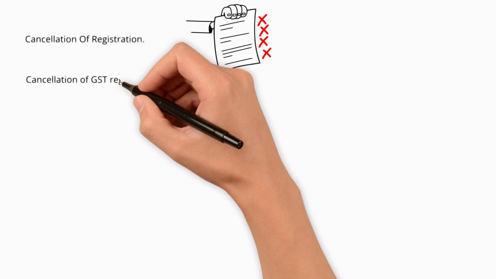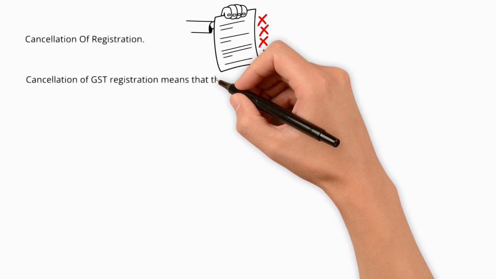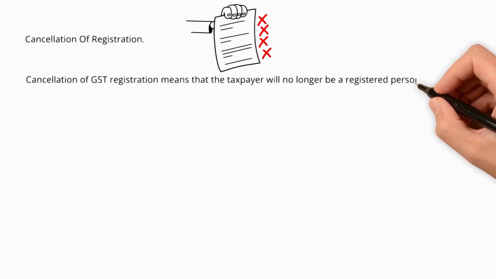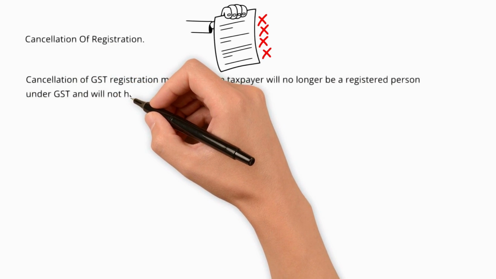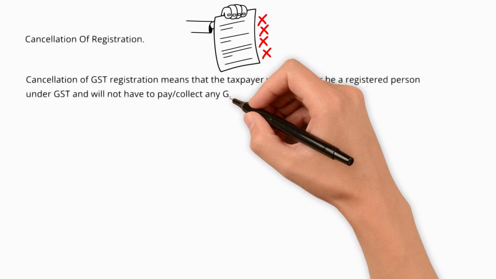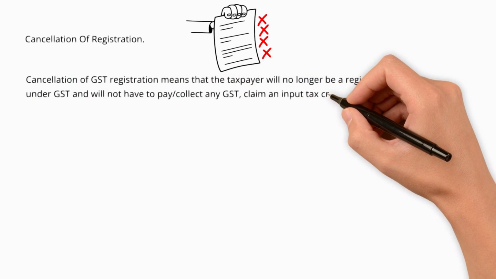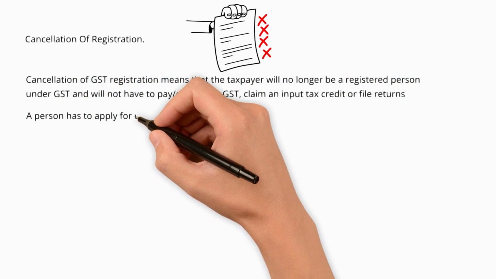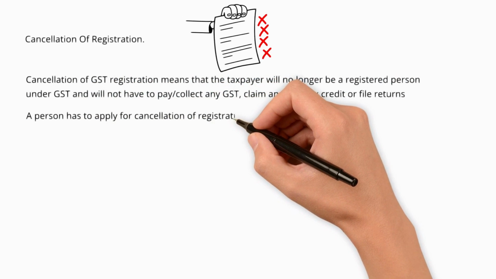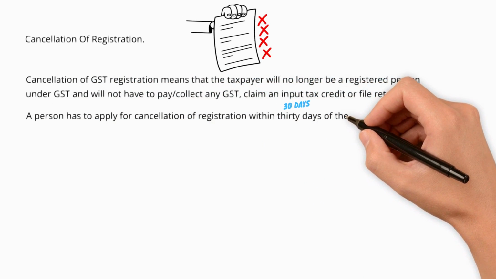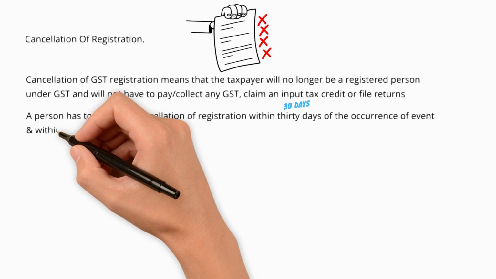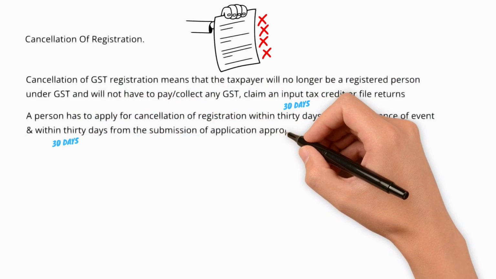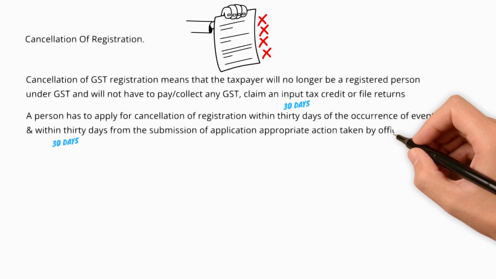Cancellation of registration. Cancellation of GST registration means that the taxpayer will no longer be a registered person under GST and will not have to collect any GST, claim input tax credit or file returns. A person has to apply for cancellation of registration within 30 days of the occurrence of the event, and within 30 days from the submission of application, appropriate action has to be taken by the officer.